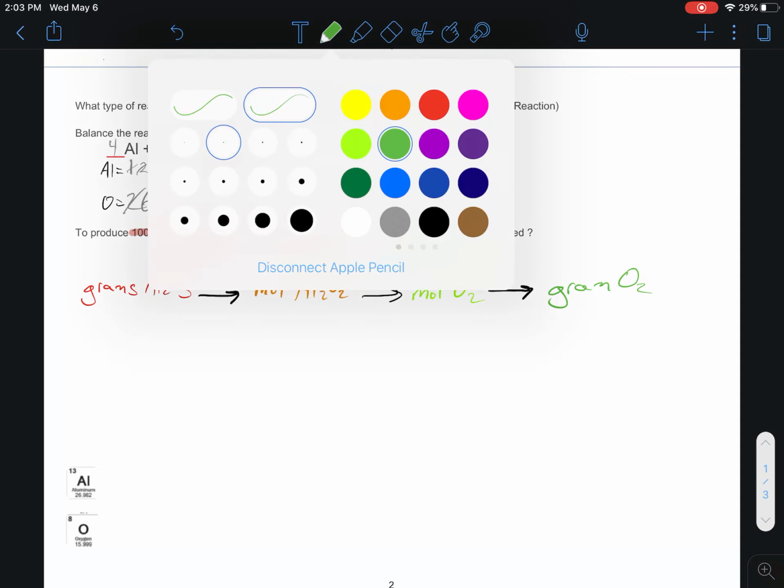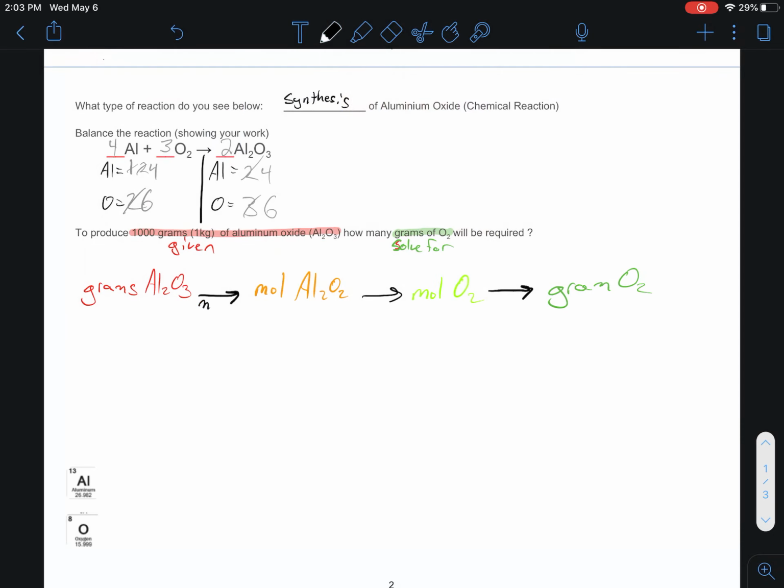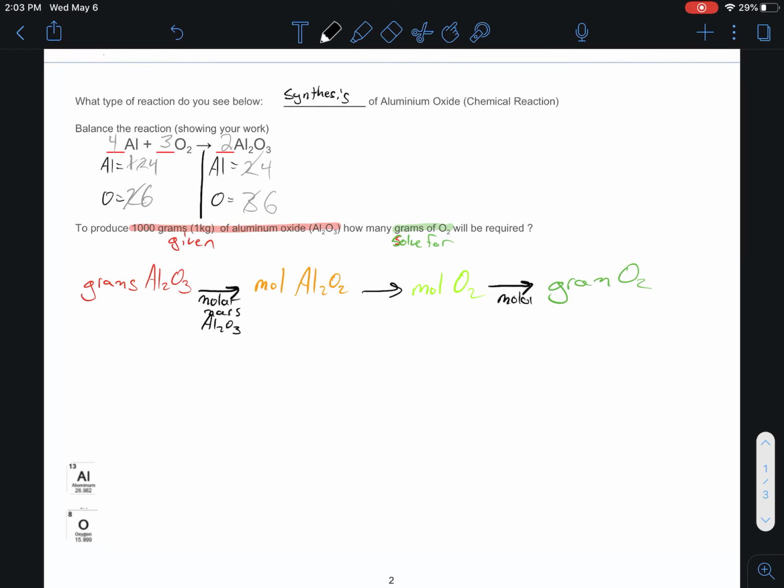Now for these, it does need to be slightly customized, right? This is molar mass of Al2O3. The coefficients part doesn't change here. We just have to make sure we get it for the ones in question. The last one is molar mass of O2. All right.